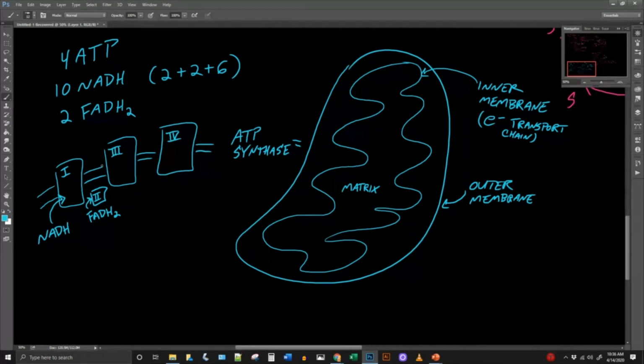It gives them to this complex number 2, which then goes here. The electrons from NADH go from complex 1 to complex 3 to complex 4.